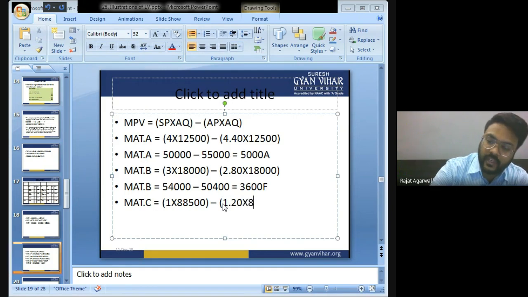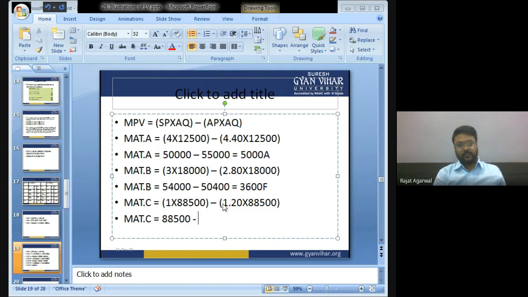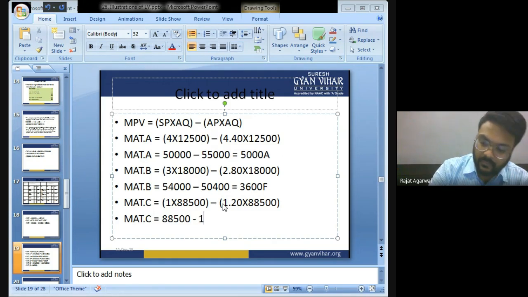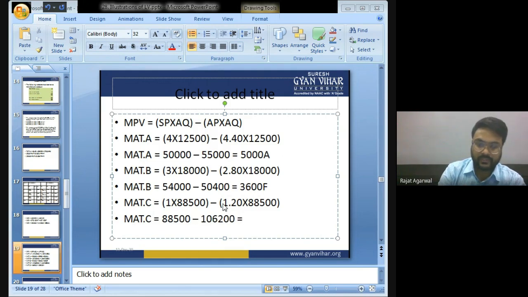Actual quantity is 88,500. 88,500 into 1.2 is 1,06,200 minus 88,500.